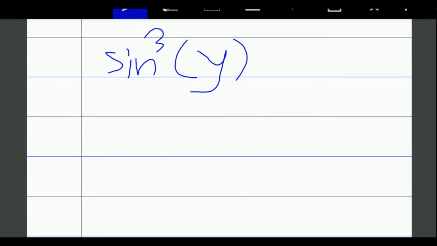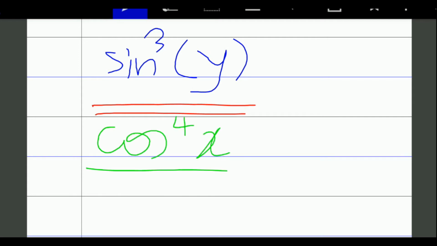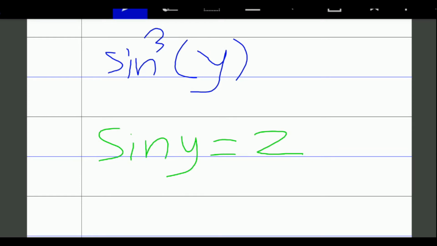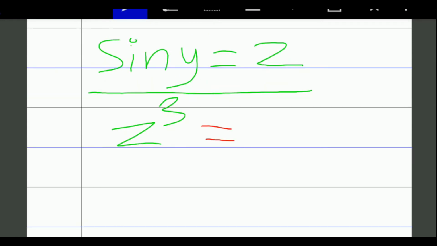As I told you in my previous lecture, I have solved this sin cube y or sin cube x, which is similar to cos raised to 4x. Now you can consider sin y as z. So the question would become z cube, which becomes 3z square according to the first rule.